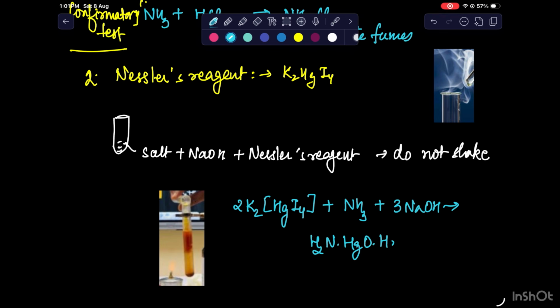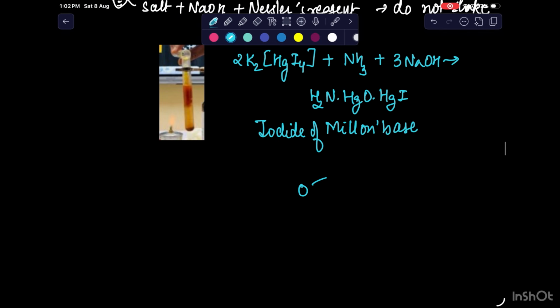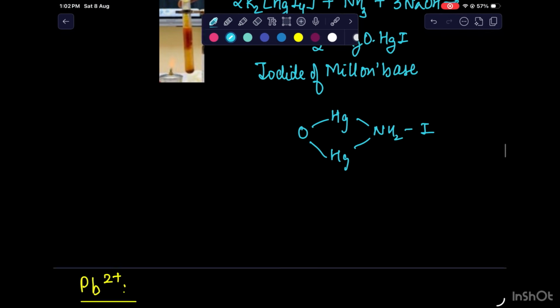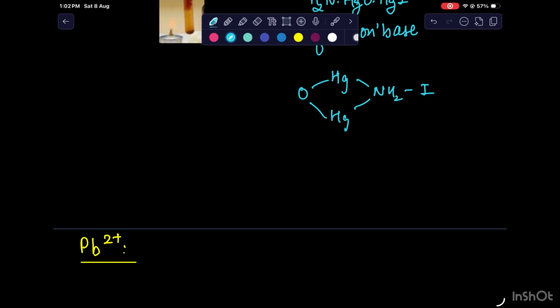So a complex is formed. The color of this complex is reddish brown, which we can see in the test tube, right. Its name is iodide of Millon's base. It is a base, it has a bridge structure. Bridge structure we'll study in grade 10th. Its structure is like this, and it is reddish brown in color.